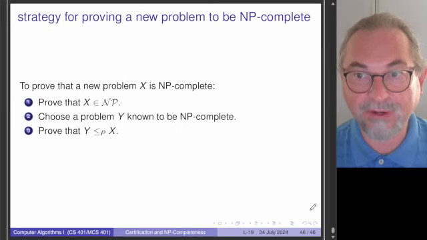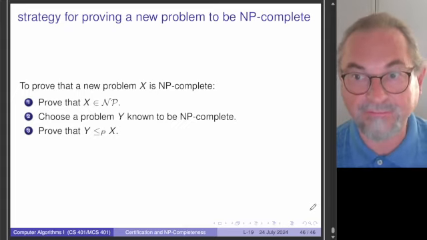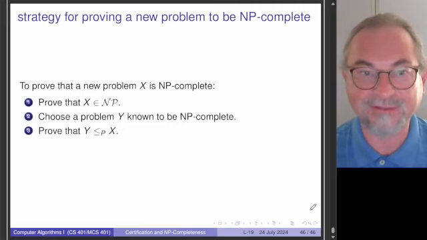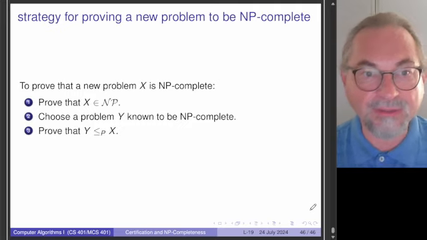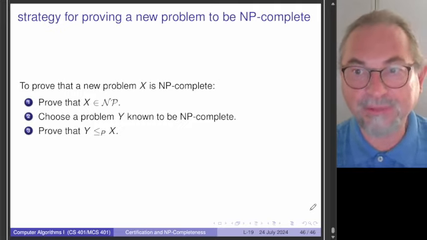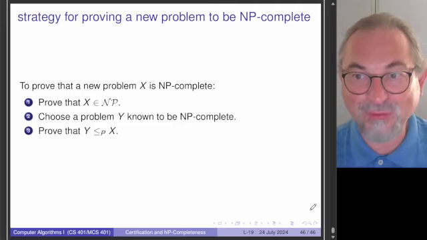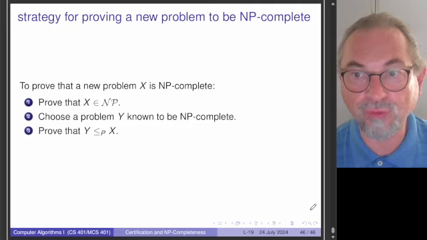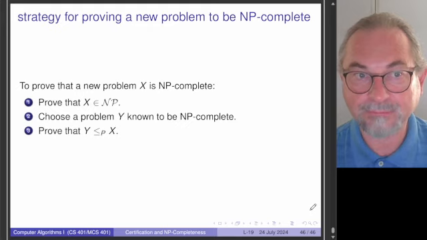You can verify with an efficient algorithm that a given solution actually solves the problem. Then choose a problem known to be NP-complete. It is best if you choose a problem which resembles the new problem. And then you show that that problem can be reduced to your new problem in polynomial time.